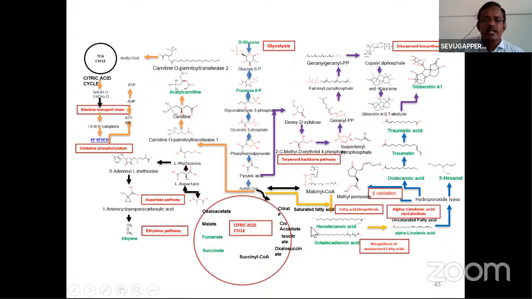So these different types of hormones and biomolecules are produced during the tritrophic interaction.